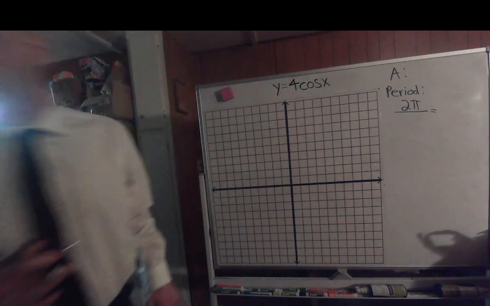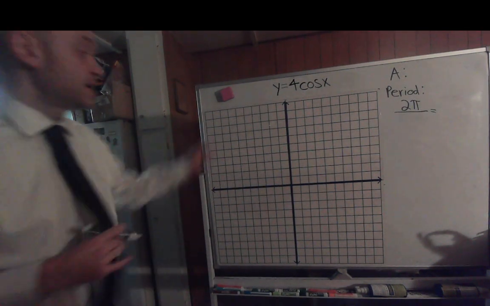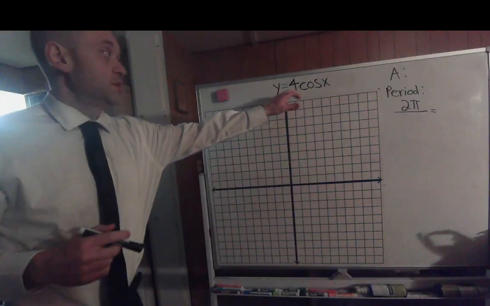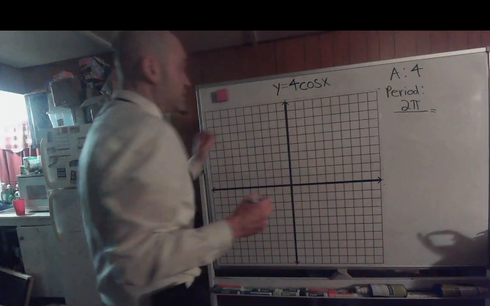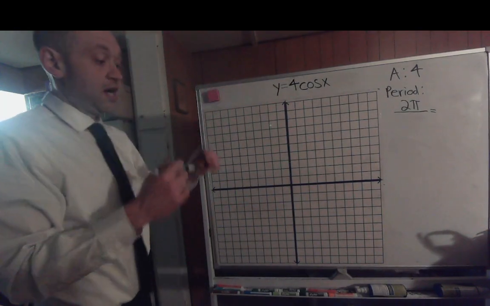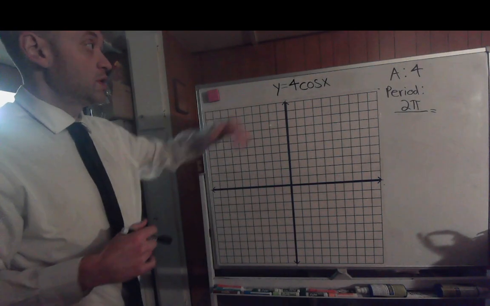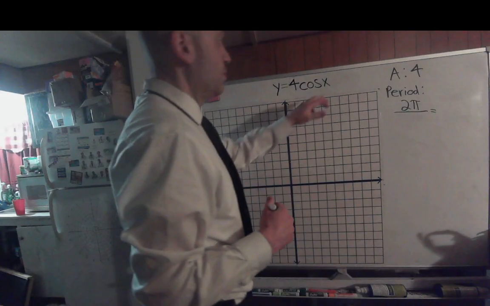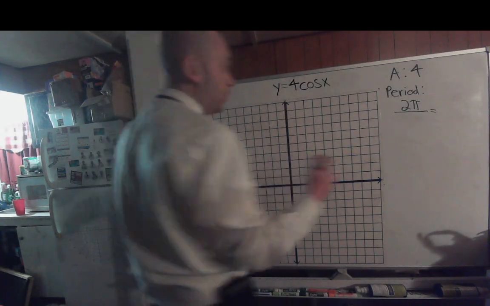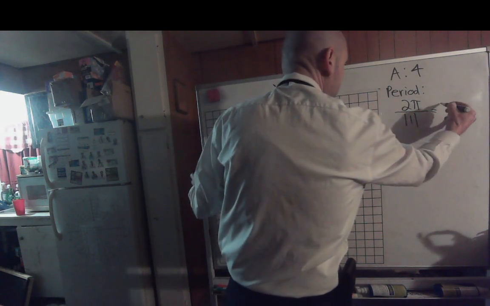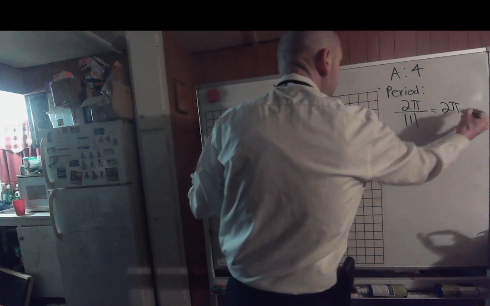Well, what is our amplitude? It's 4, right? That's our coefficient on the cosine. So that means our range is going to go all the way from negative 4 to positive 4. Now, what's the period? Well, inside the cosine, you still have a 1x, so the period is 2 pi over the absolute value of 1, or just 2 pi.